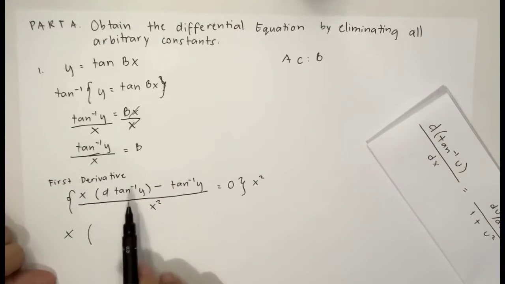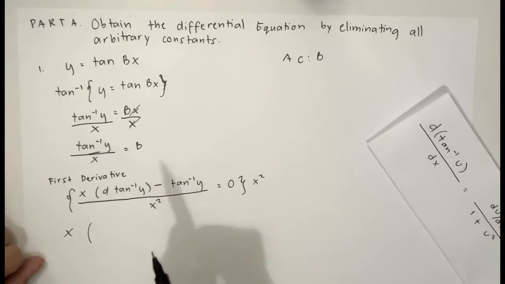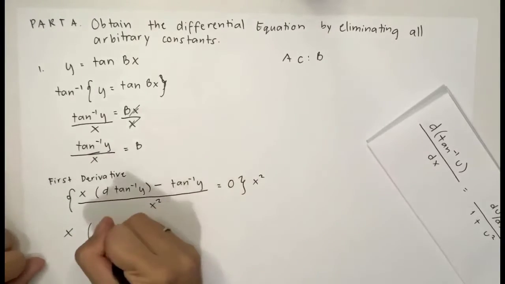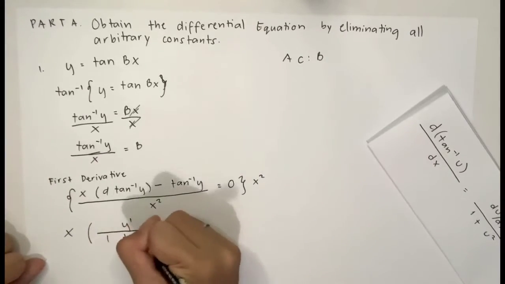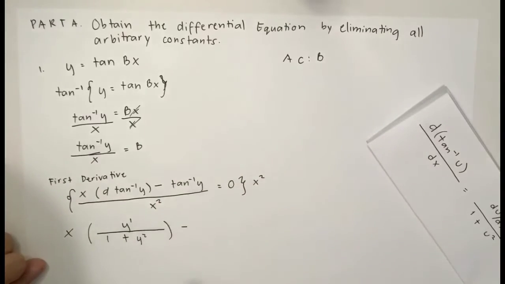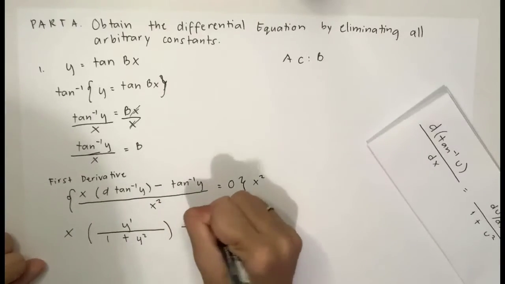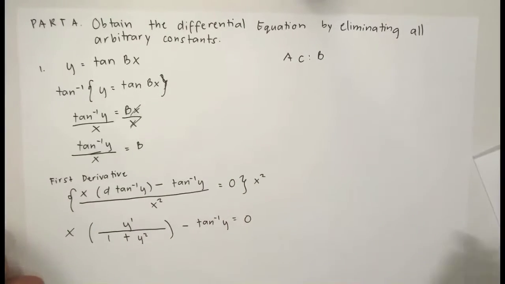So, here, u is equal to y, so y prime over 1 plus the square of u, which is y squared, and then minus arctan y is equal to 0.